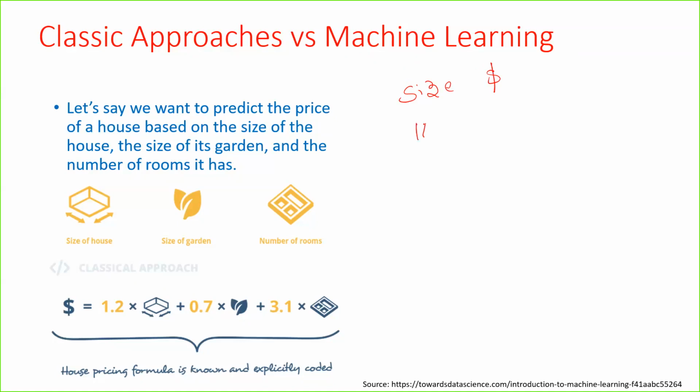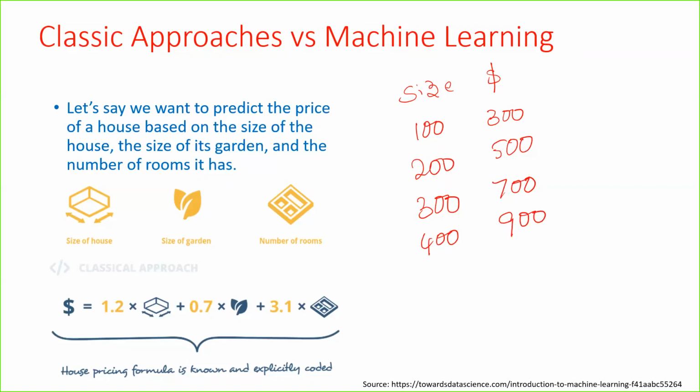If the size is 100 square feet, then the price is $300. If the size is 200 square feet, then the price is $500. If the size is 300 square feet, then the price is $700. If the size is 400 square feet, then the price is $900.